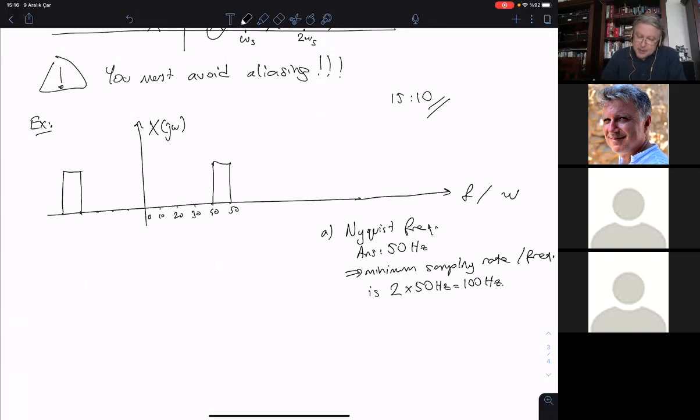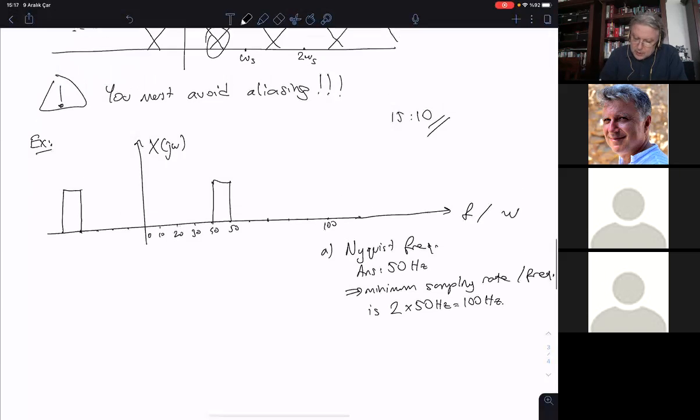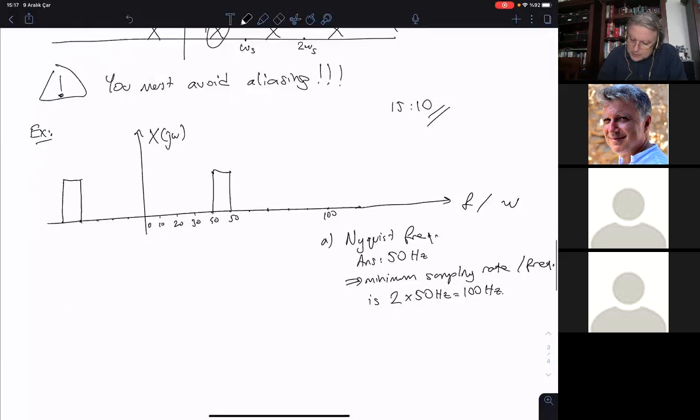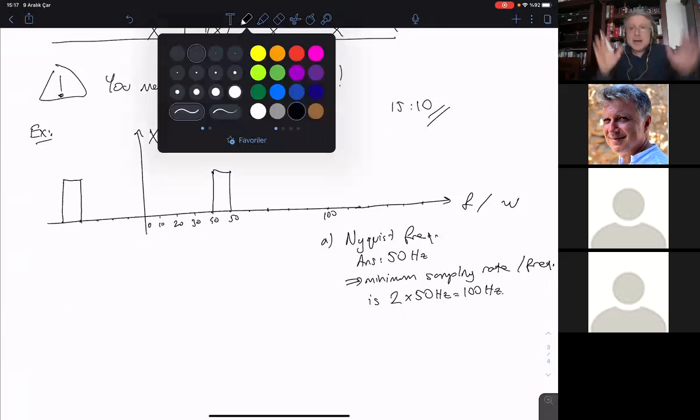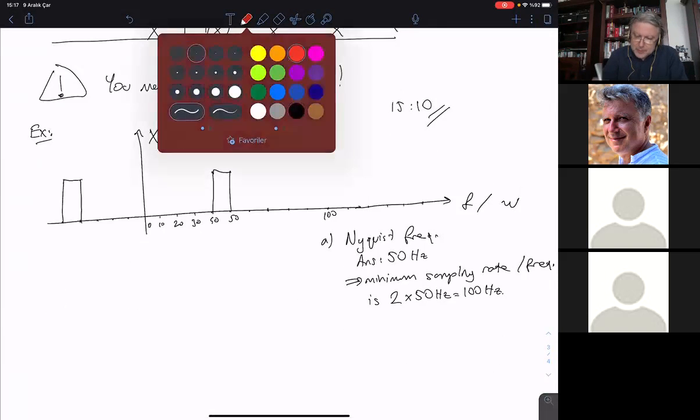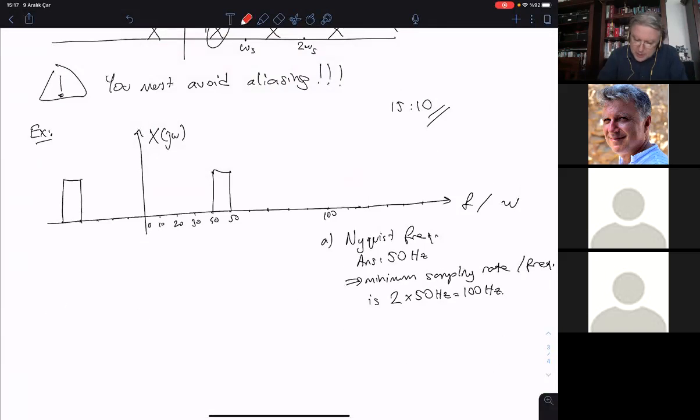And in fact, if you choose the sampling frequency to be 100 hertz, it will appear like this: 60, 70, 80, 90. 100 is here, and around this 100, 10, 20, 30, 40, 50, let's say, around this, the replica of these two band-limited portions will appear like this.